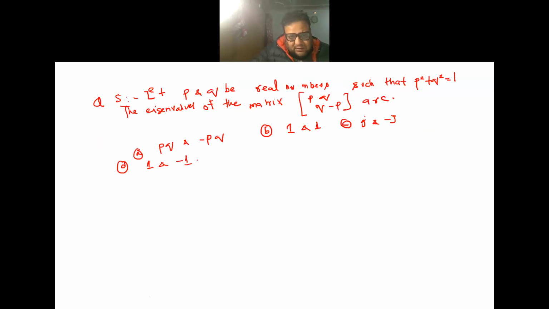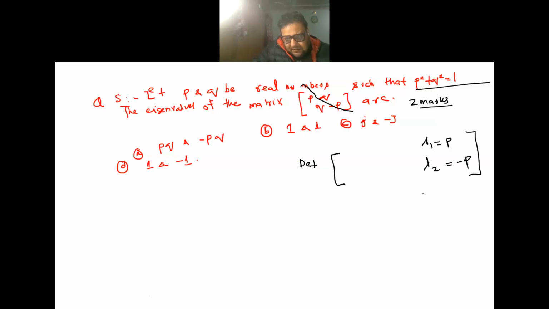Just use the properties. Now here is a question, again asked for 2 marks. Given P square plus Q square is equal to 1. If you look at the determinant and the trace of this matrix, your lambda 1 happens to be P and the other root lambda 2 happens to be minus P, so lambda 1 is equal to minus lambda 2.